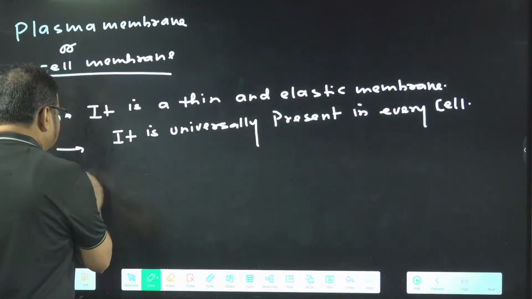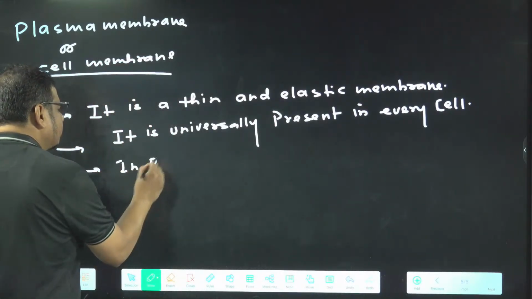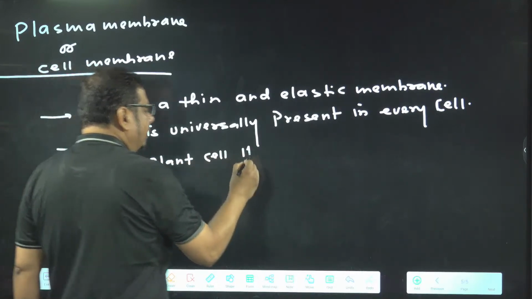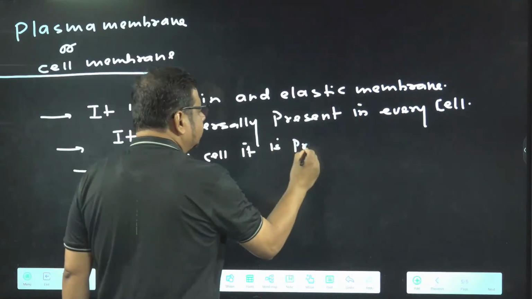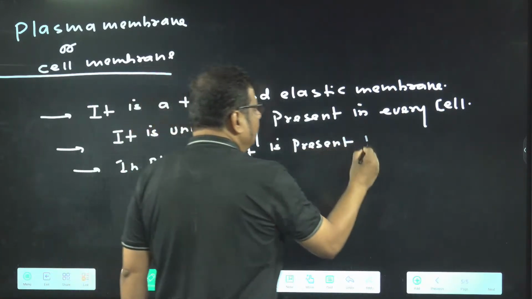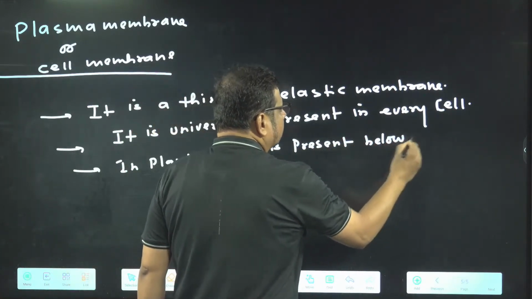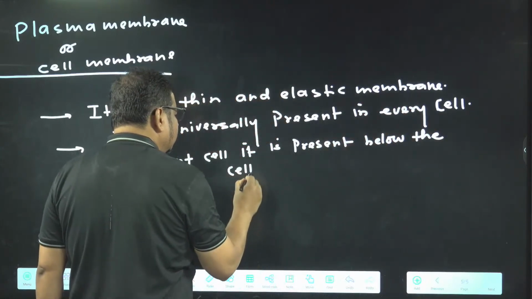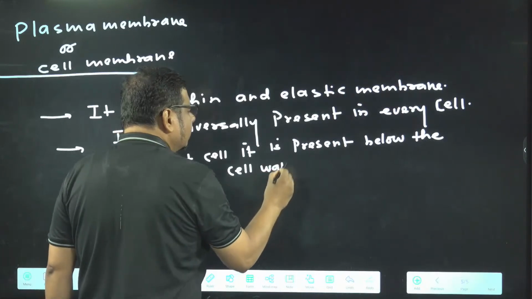Clear? So in plant cell, it is present below the cell wall. Below means inside.